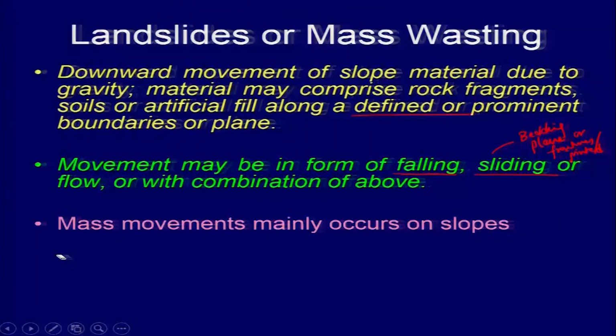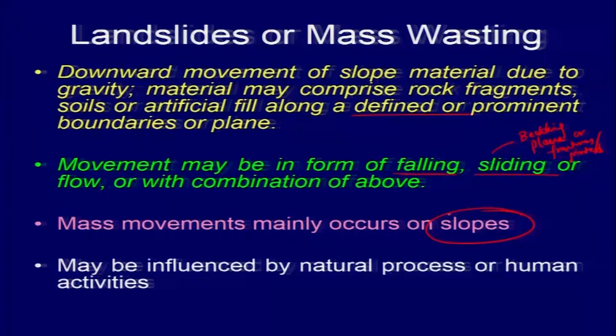So mass wasting or the mass movement mainly occurs on slope. This is a very important parameter which you will have to take into consideration. It may be influenced by natural processes or human activities. Natural processes could be your water.